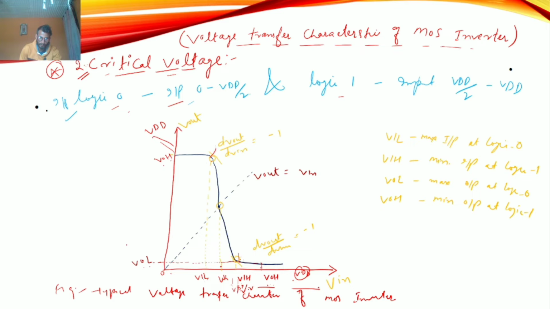We can calculate this with the help of the input voltage, which we will discuss later. Next, at that point, this is the VIH. V means voltage, I means input, H means high logic. When the input voltage is at higher logic, we get the output voltage VOL, the output voltage at lower logic.